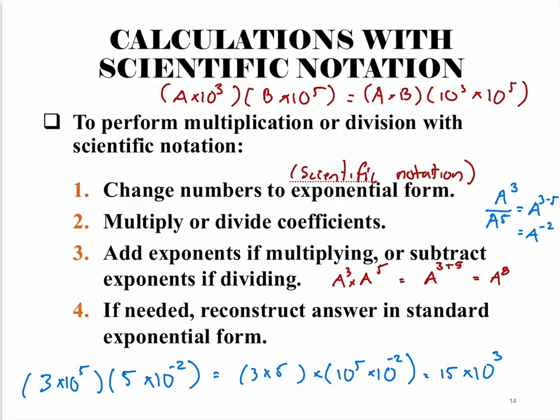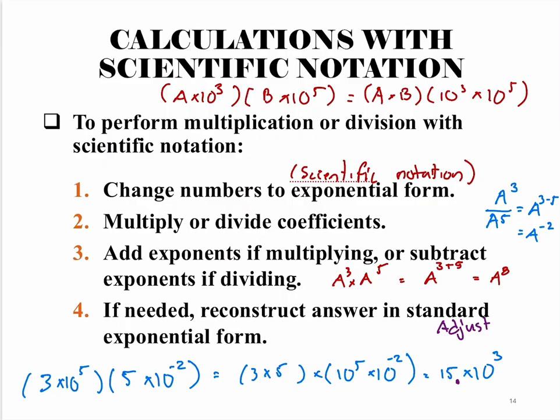And so what's wrong with our final answer here? Yeah, the coefficient needs to be between 1 and 10, which means we need to adjust this. So we do the exact same thing. In purple, I'll put adjust. Right now the decimal place is right here. We move the decimal place for 15 to the left or to the right here.